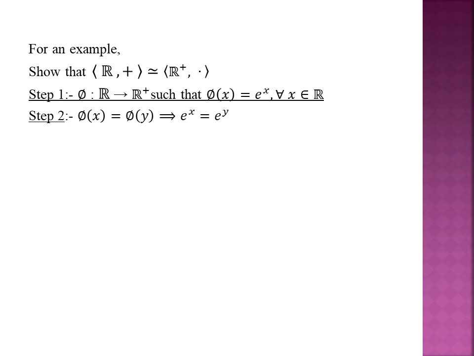Taking the natural logarithm on both sides, we get log e raised to x equals log e raised to y. Log e raised to x is x itself, and log e raised to y is y itself. So we get x equals y. Therefore, the function phi is one-to-one.